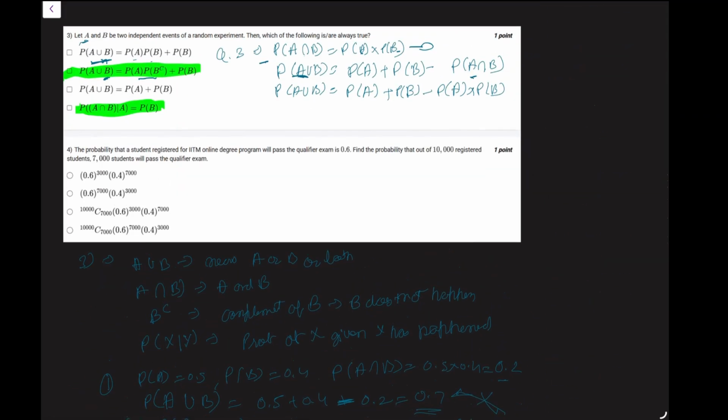What's the option that we are getting? And it turns out that the third option is correct. No, I'm sorry, not the third one, the fourth one. This is your correct option.